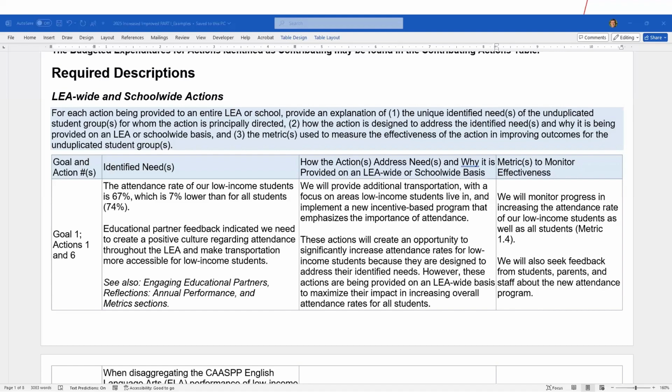But what we want to make sure is that you have at least one metric in the LCAP to demonstrate effectiveness, and you can also bring in things like feedback, as is pointed out here, from students, parents, and staff, right? Or any other educational partners. So that's a secondary metric that also helps monitor effectiveness. Okay, that was a long explanation for our first LEA-wide action.